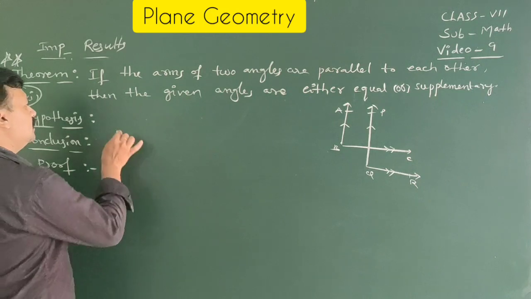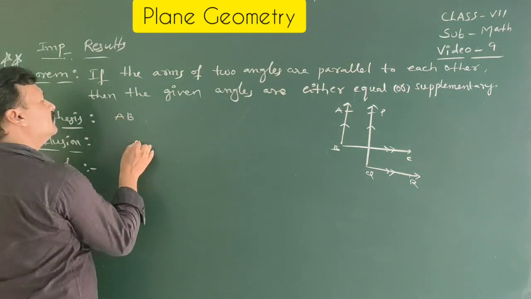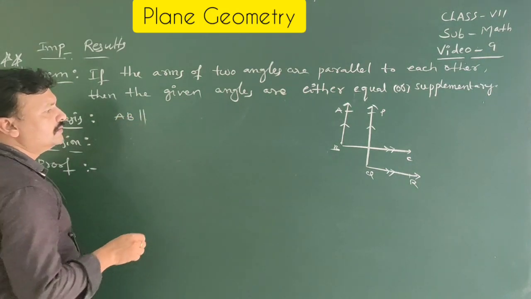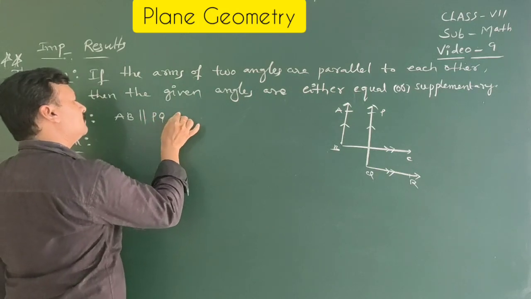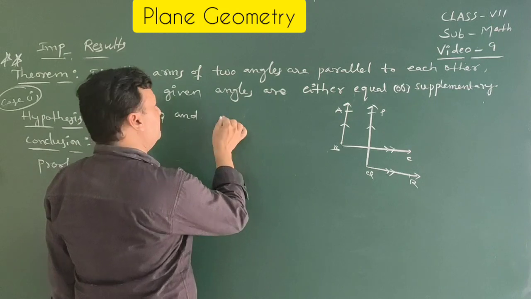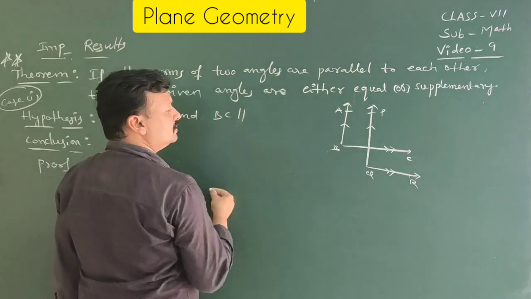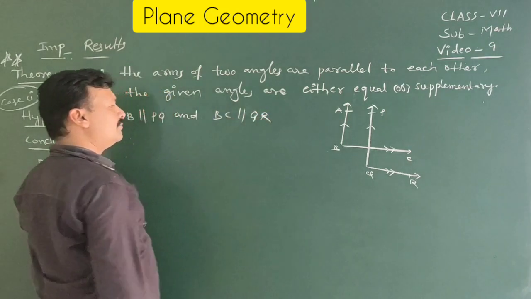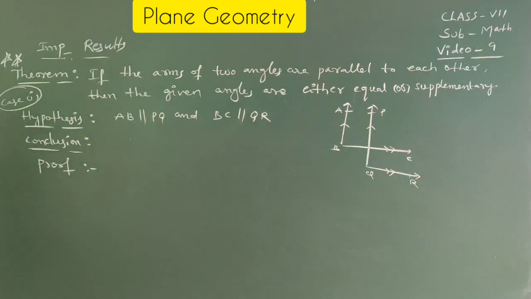Here AB is parallel to PQ and BC is parallel to QR. The arms of two angles are parallel to each other.